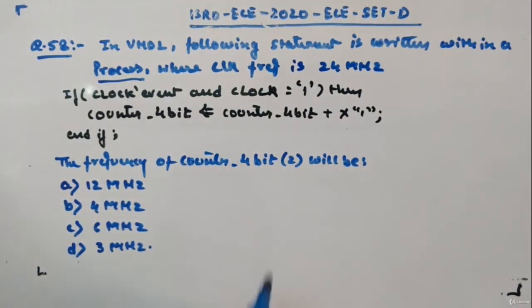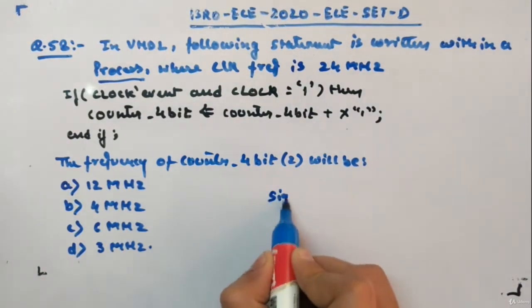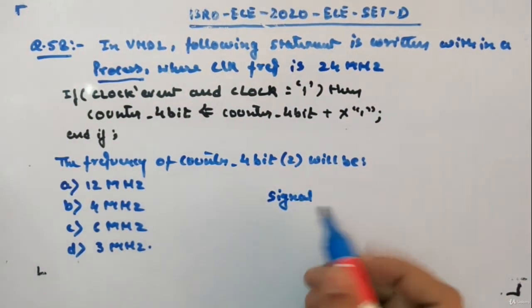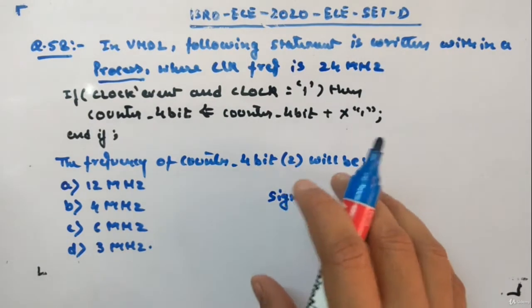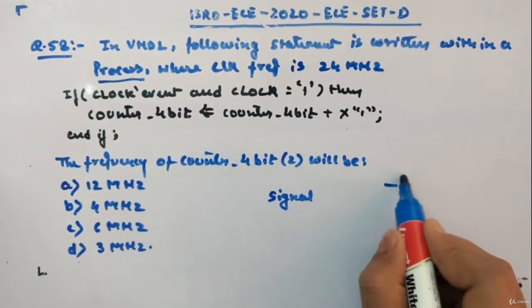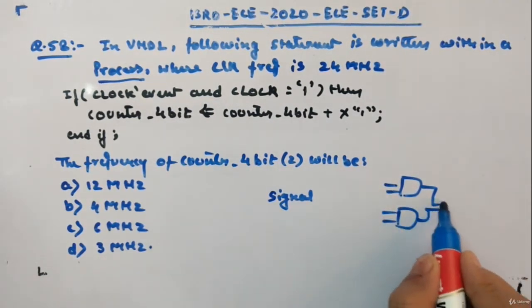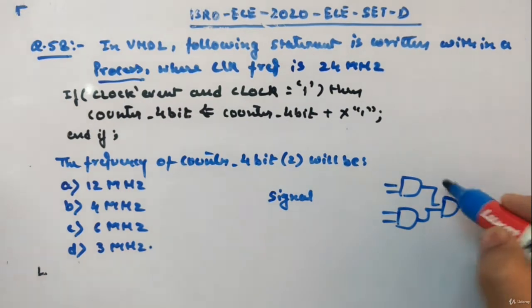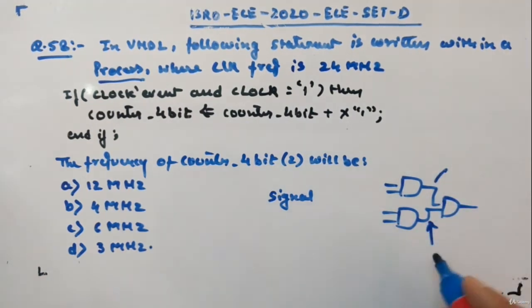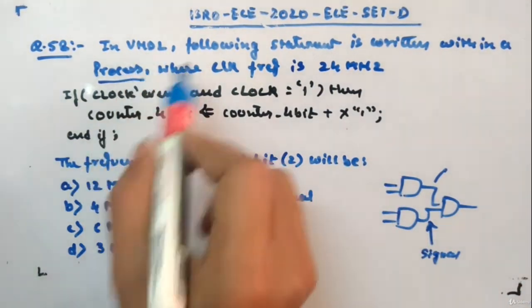Now here, counter_4bit is not just a variable, it's a signal. Whenever you have to manipulate internal signals, say you have two gates like this with inputs, these lines will be represented by signals. You can't say that input or output kind of stuff does not happen in VHDL.